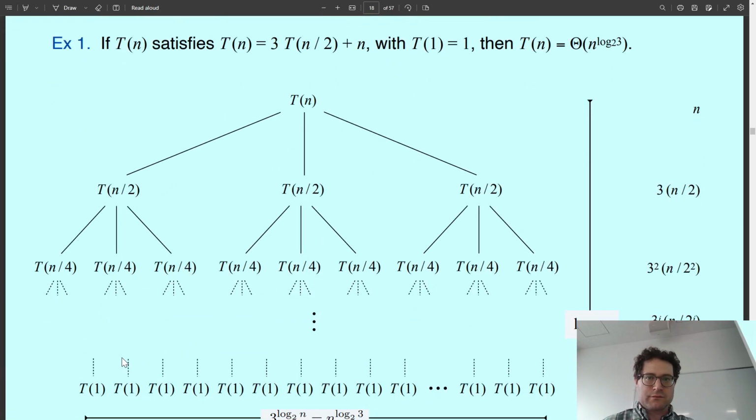So here is an algorithm, not a sorting algorithm, that is T of n equals 3 subproblems, each of half size, and it takes n time to combine them all. On the top level, it just takes O of n time to recombine them, because that's what it says for T of n.